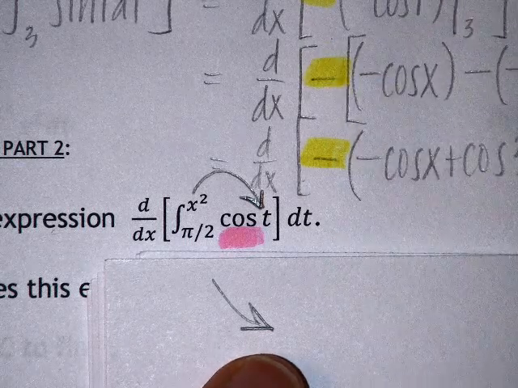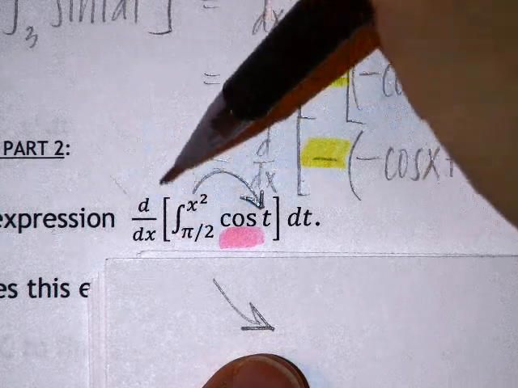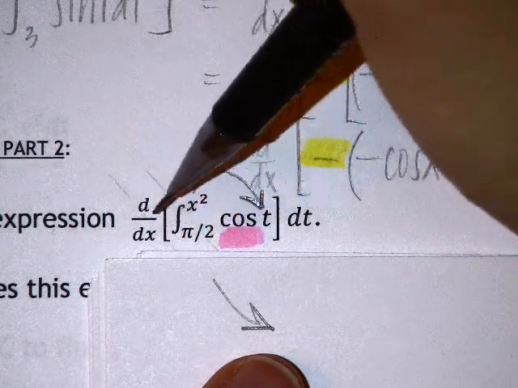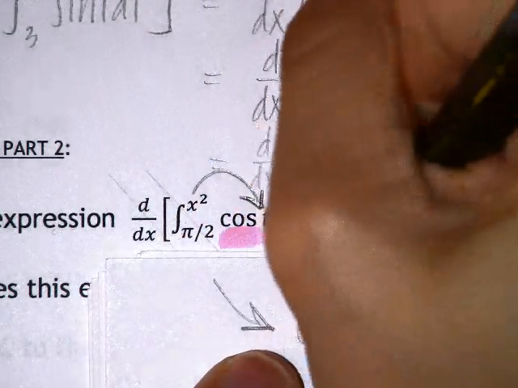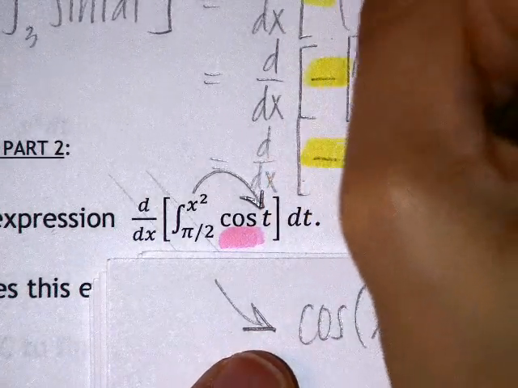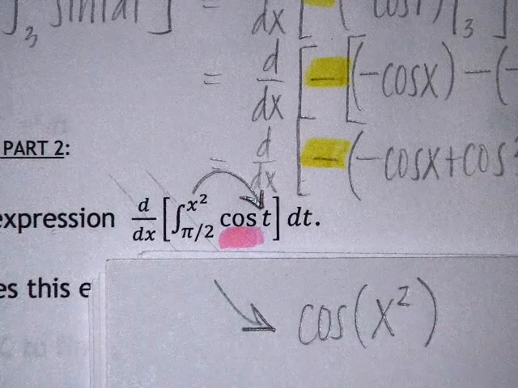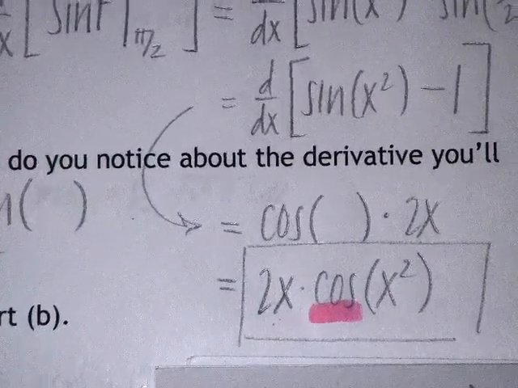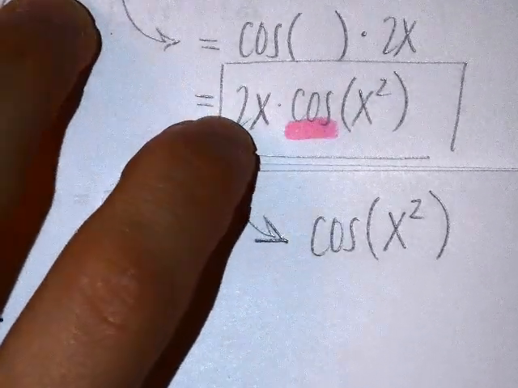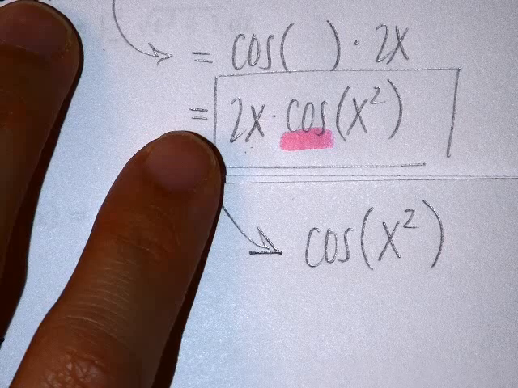So if we're going through the motions of things, we should expect that the derivative and the integral cancel each other out, leaving us with just the cos function, and in the cos function, the x squared. But if I write that, that doesn't look like the answer that I got when I did it the long way. Something's missing. So this is where we have to now let our shortcut evolve a little bit.